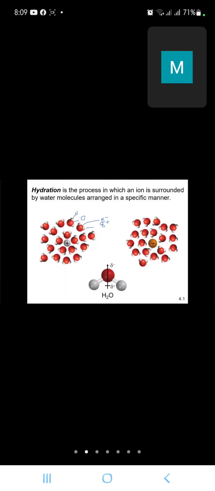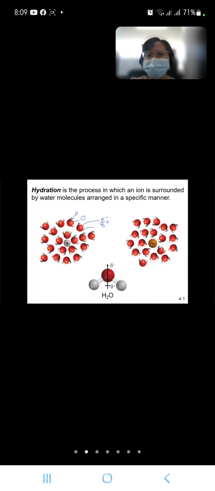Yes po. Okay, so as you can see, the orientation of the water molecules here is different from the orientation of the water molecules here. The oxygen atoms are attracted to the cation, while the hydrogen ions are attracted toward the anion.